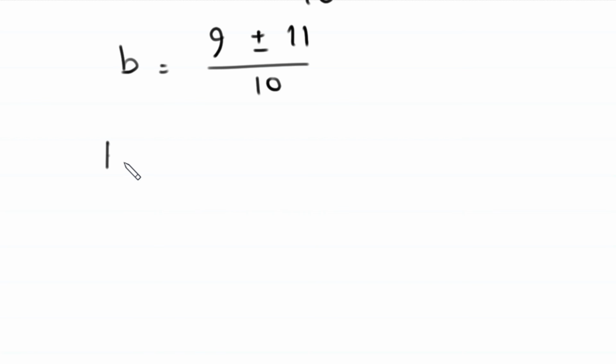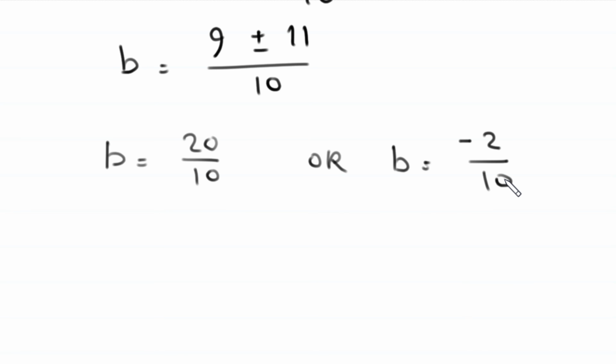It means that b is equal to 20 over 10, or b is equal to negative 2 over 10. From this equation b will be equal to 2, and this negative 2 over 10 is not an integer. So when a is 1, then b will be 2.